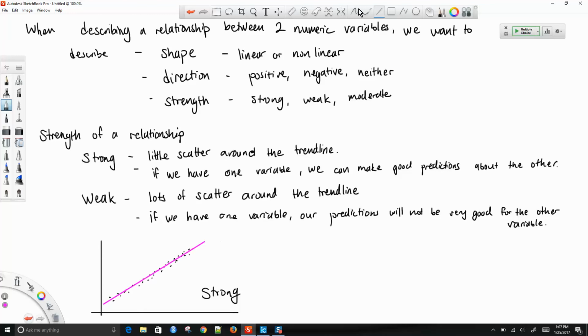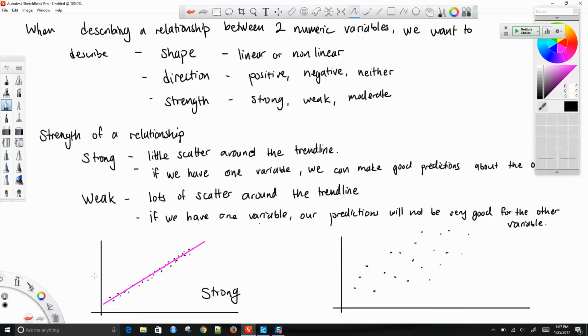And on the other hand, you might have a lot more scatter, so that overall there's still perhaps a positive trend, but the relationship is weaker.